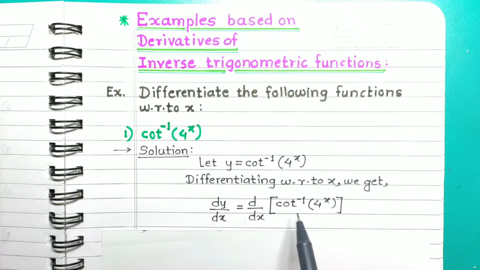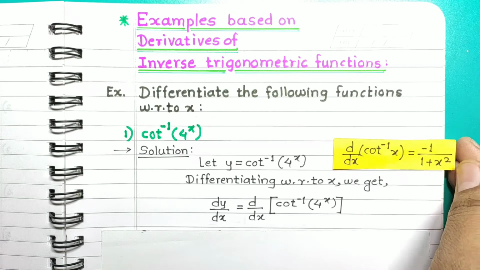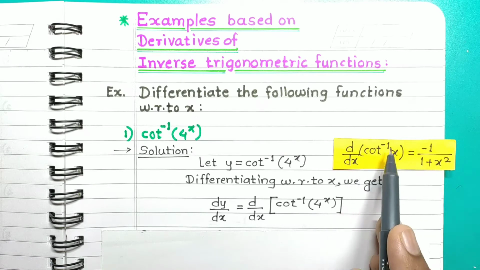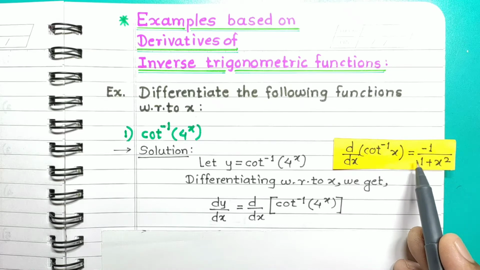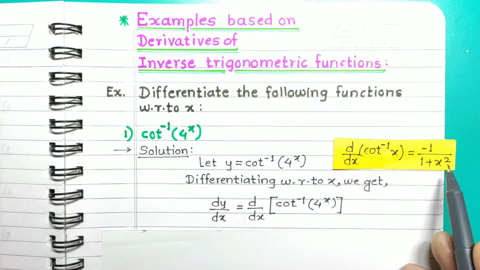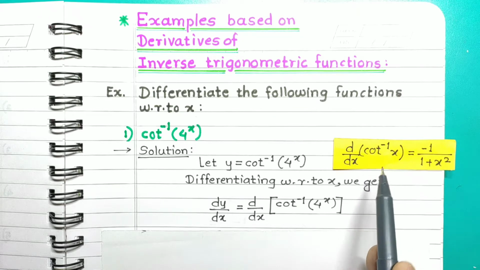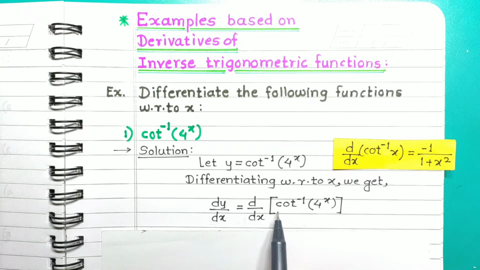So let's treat it as cot inverse of something, and we have a standard result: in the last session we saw that the derivative of cot inverse of x is equal to minus 1 upon 1 plus x square. So we are going to use this result to write down the derivative of this composite function.